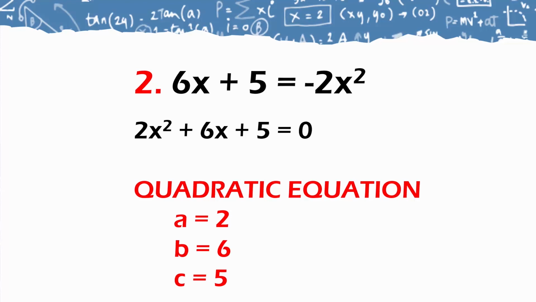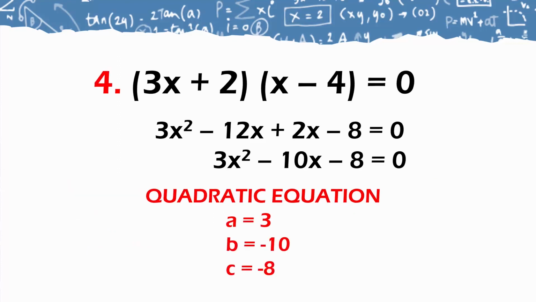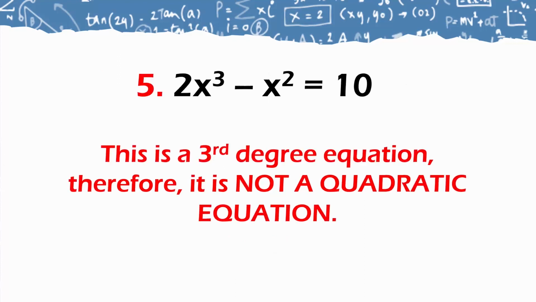For number 3, this is a first degree equation where a is equal to 0, therefore it is not a quadratic equation. For number 4, this is again a quadratic equation where a is 3, b is negative 10, and c is negative 8. And then for our last item, this is a third degree equation and therefore it is not a quadratic equation.